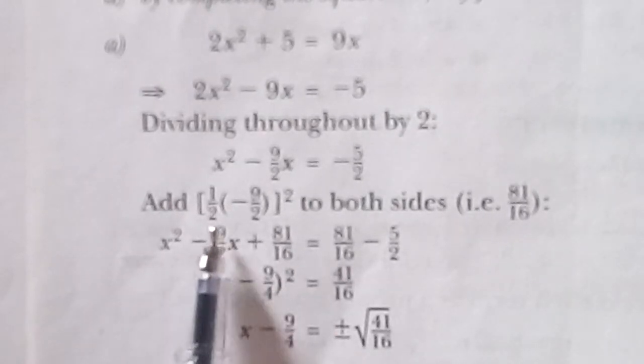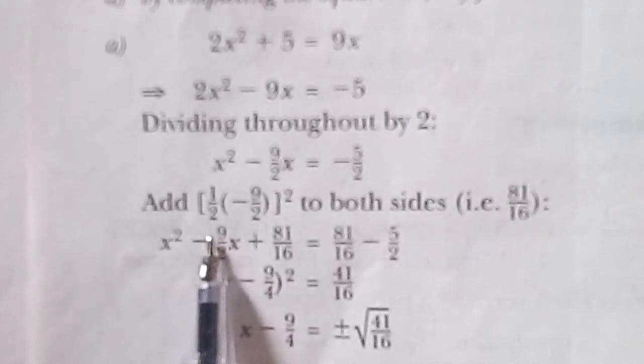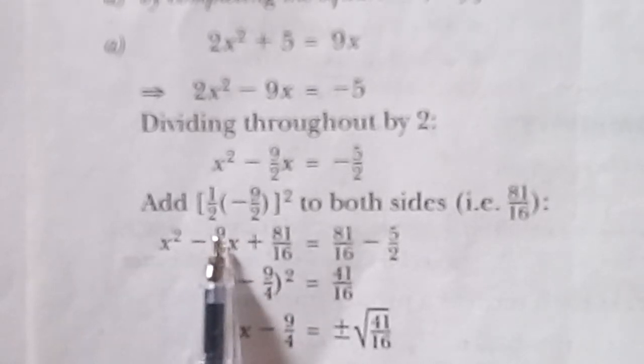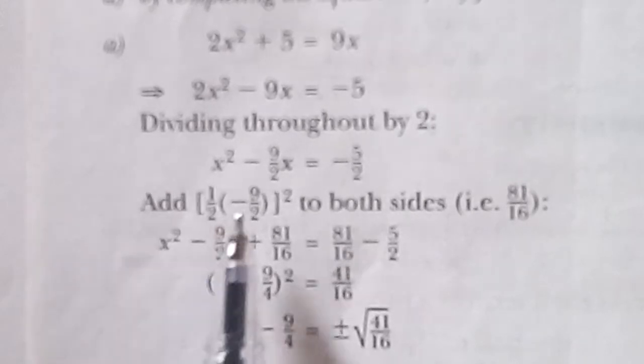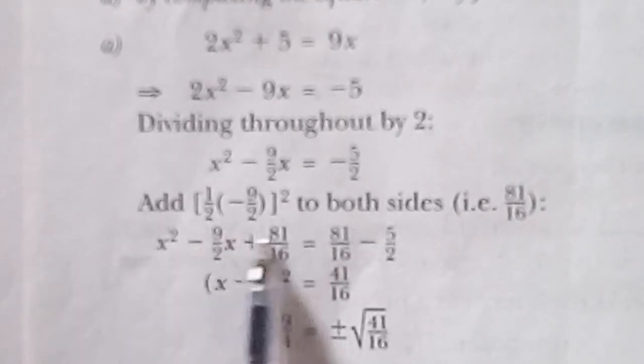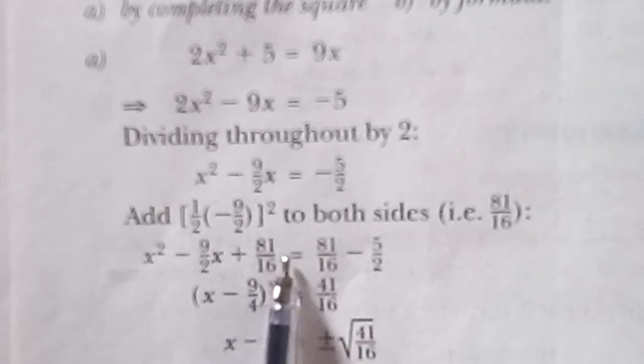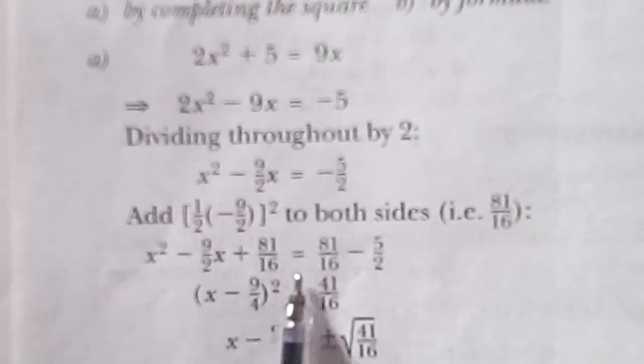We now have x minus 9 over 4, all squared. To get the completing the square form easily, you just remove the middle term's x but keep the sign, and use half the coefficient.